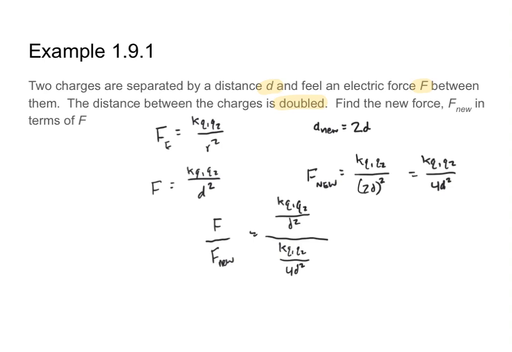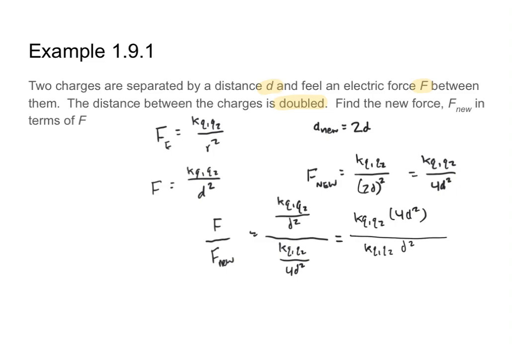And when I do that, I am using the relationship between F new, d, and d new to figure out the relationship between F and F new. So when I simplify that fraction out, what I get is kQ1Q2 times 4d squared over kQ1Q2 times d squared is equal to F over F new.